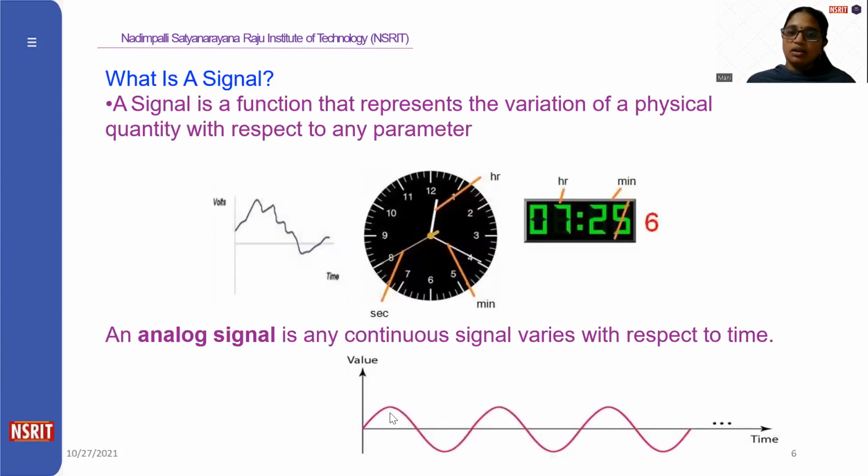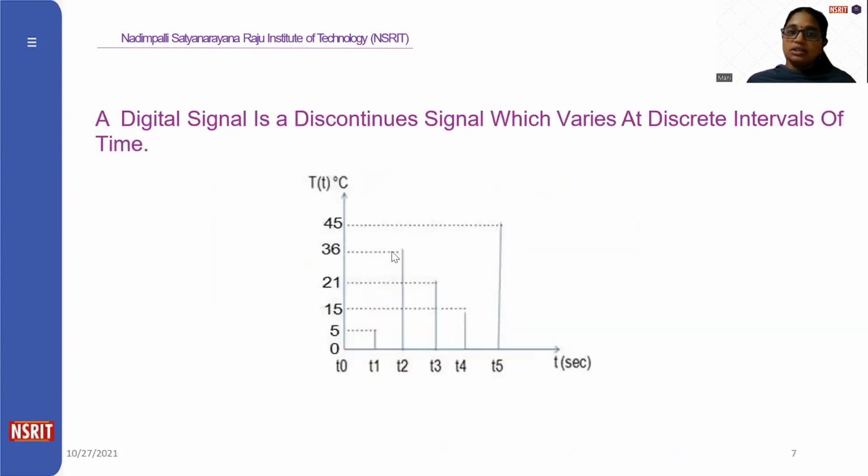Here we saw an analog signal, which is a continuous signal. We will get a magnitude of the signal at any time instant. But a digital signal is a discontinuous signal which varies at discrete times. Discrete time means we only get a signal at certain time instances. At T1 it has a magnitude of 5.